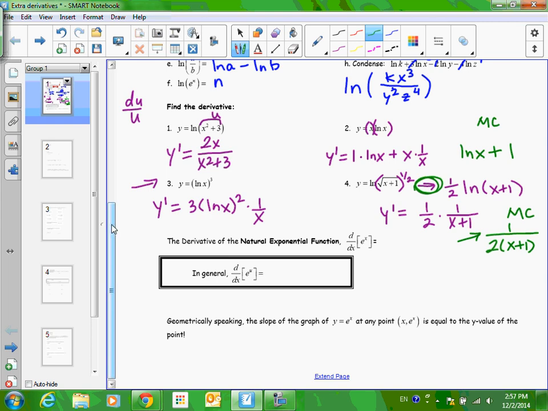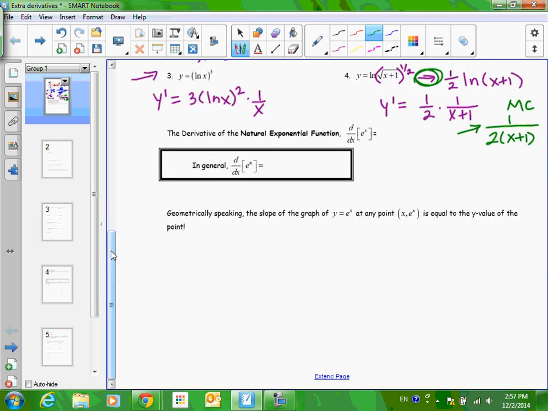All right, so we're going to leave natural log x alone for a few minutes, and we're going to talk about e to the x. So this is the thing we did first on the computer. Remember when we did derivative of e to the x, what happened? It was still just e to the x.